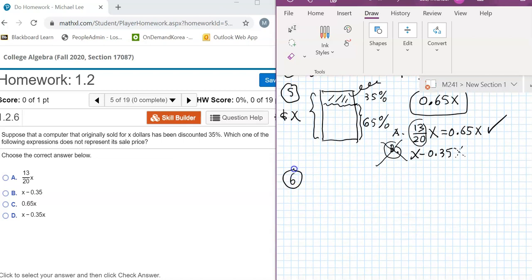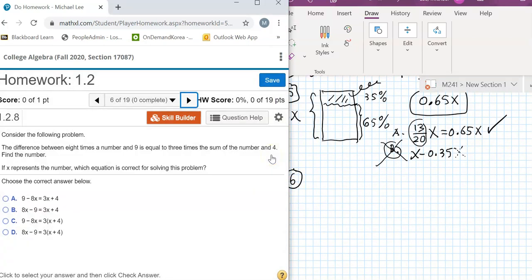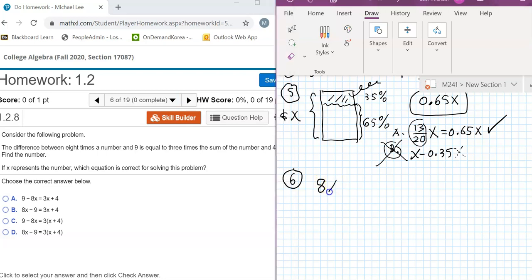Number 6. Consider the following problem. The difference between 8 times a number and 9 is equal to 3 times the sum of the number and 4.